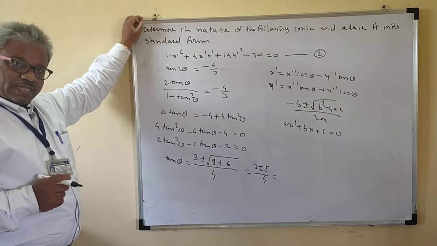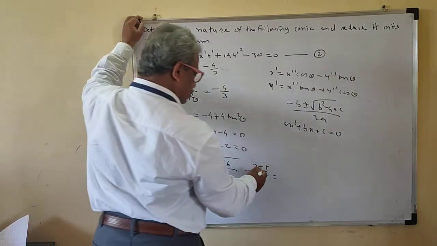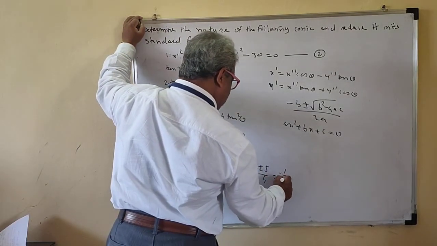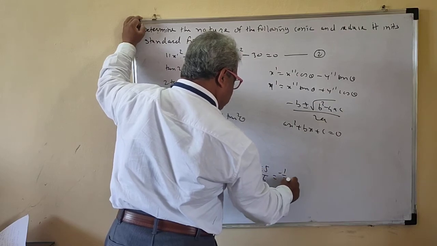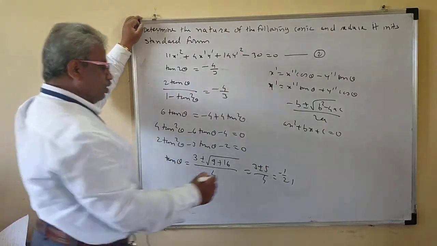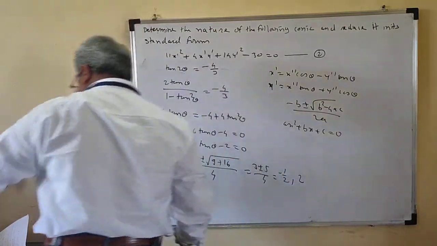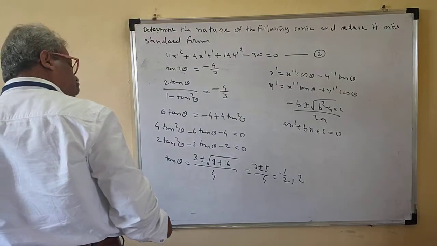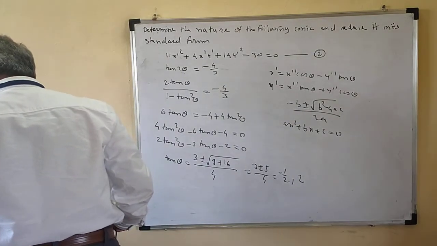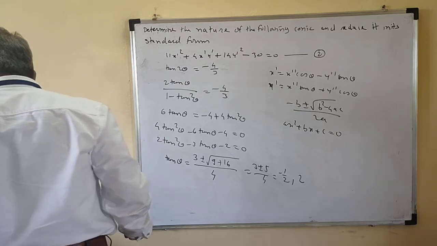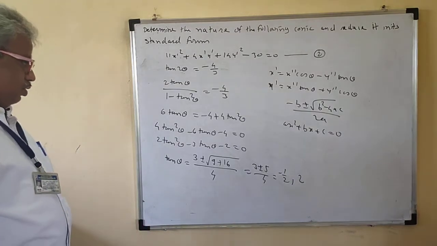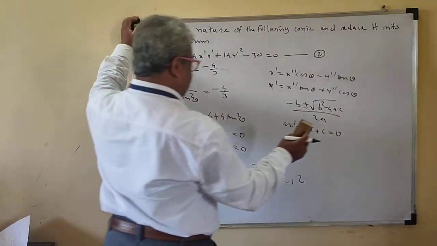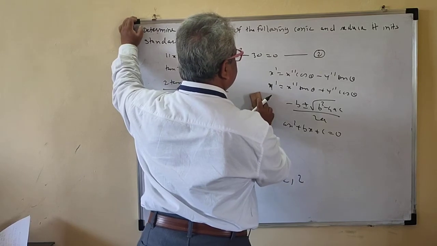If you take the minus sign, this is minus half. If you take the plus sign, it will be 2. So we'll take tan theta is equal to minus half.